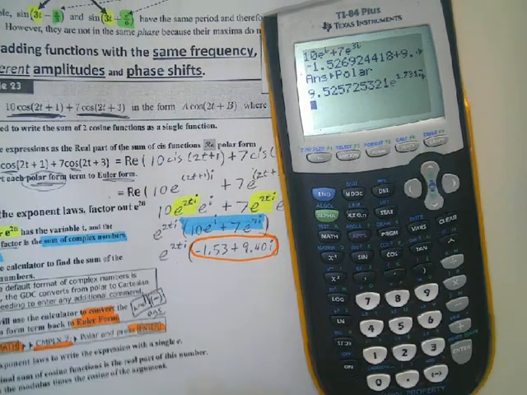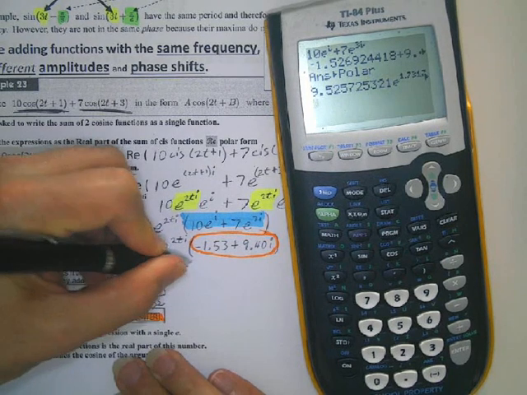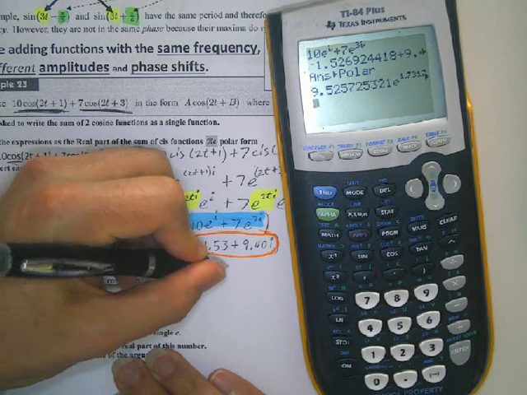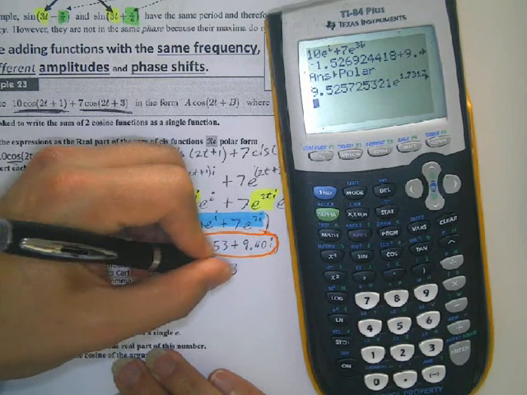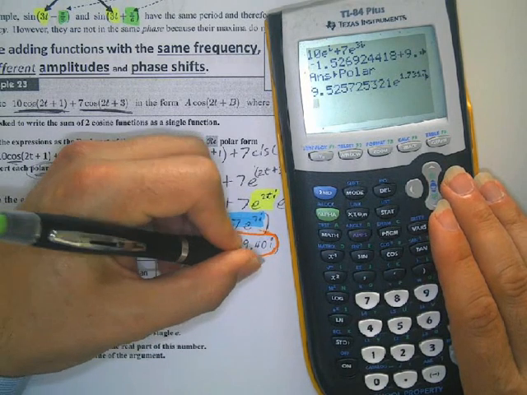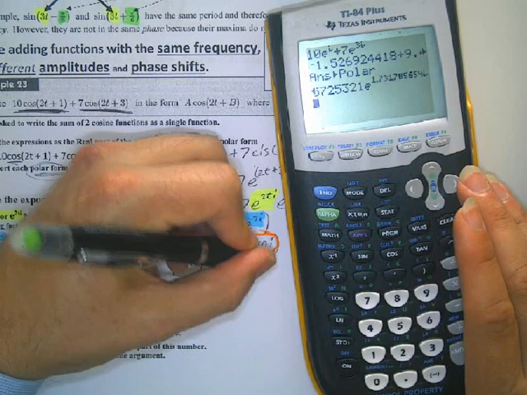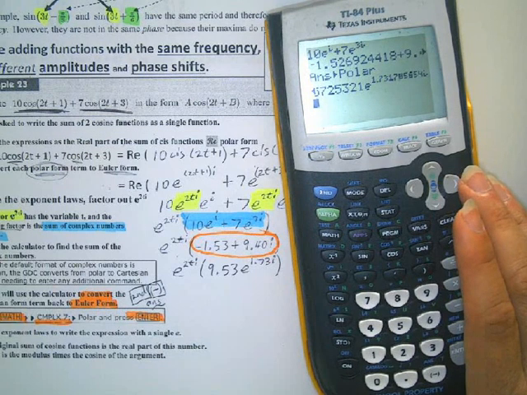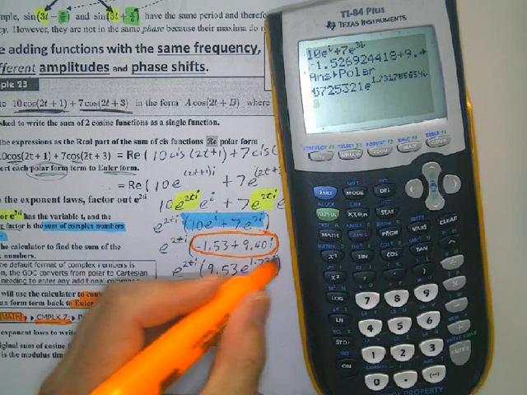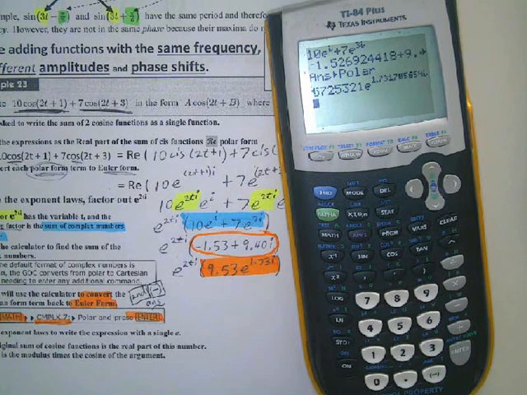So I'm going to rewrite this orange part as 9.53 times e to the 1.73i. Okay, so I just rewrote it like that.